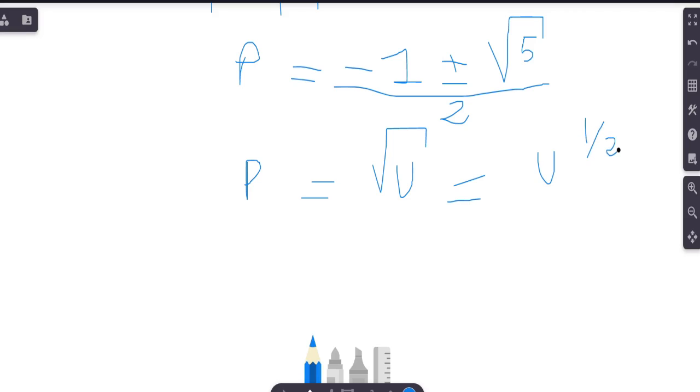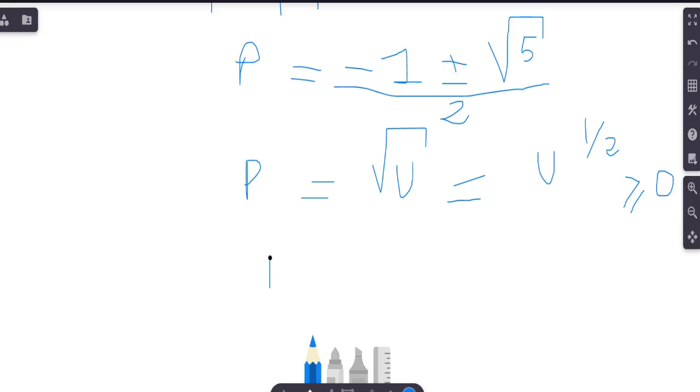But the square root is always positive. So the only solution that works is minus 1 plus square root of 5, divided by 2.